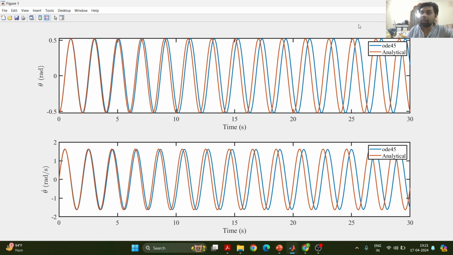This shows us the utility of numerical methods for solving differential equations. In some cases we do not have the analytical solution itself, but in cases where we do, we can compare the solutions this way.